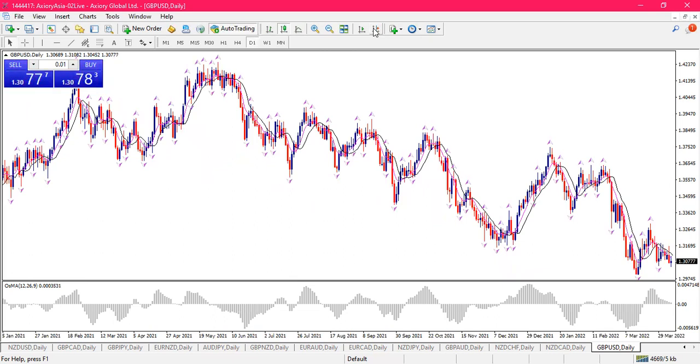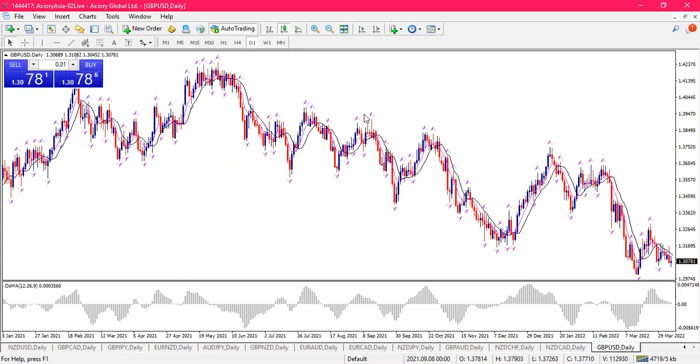One of the things I want you to do is make sure that your chart is clean, not overcrowded with too many things, so that you can see what price is doing at certain points. This strategy is simply based off taking your trades at the end of the daily candle. When a new daily candle is being formed, that's when you take your trade.